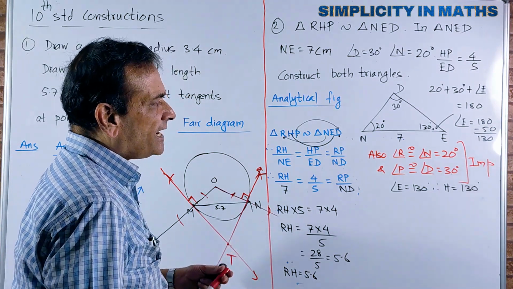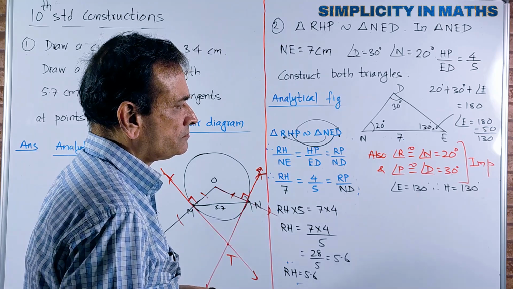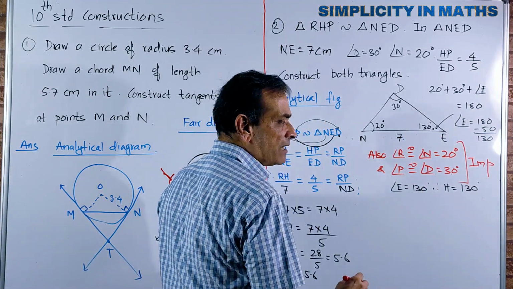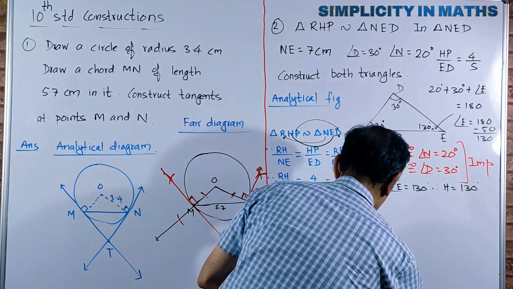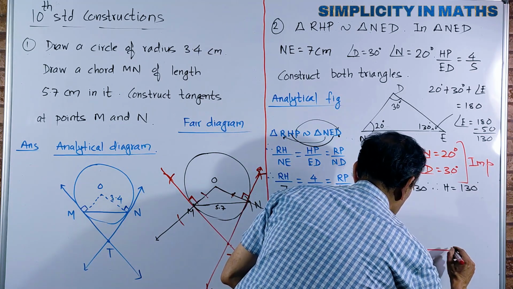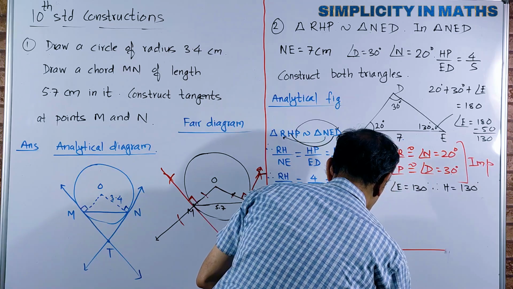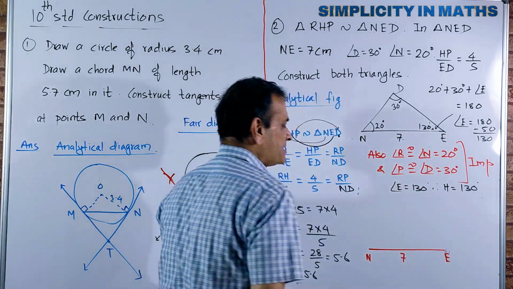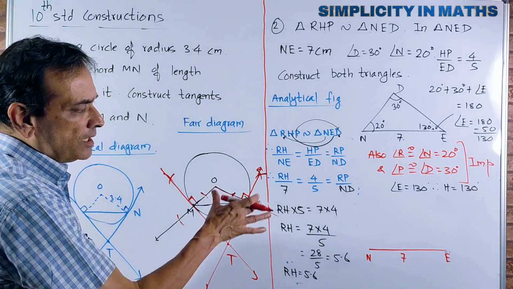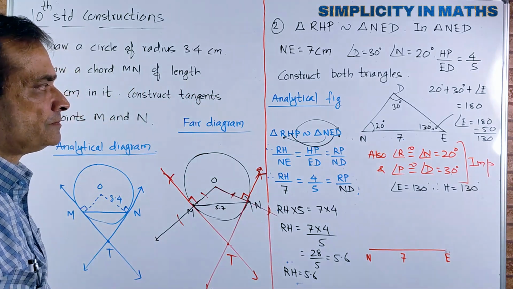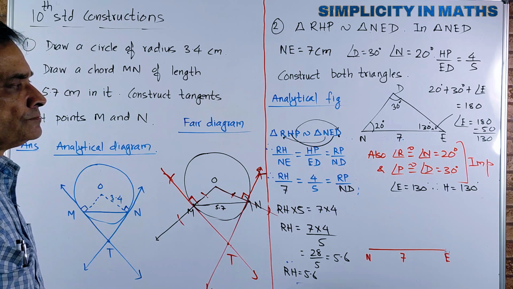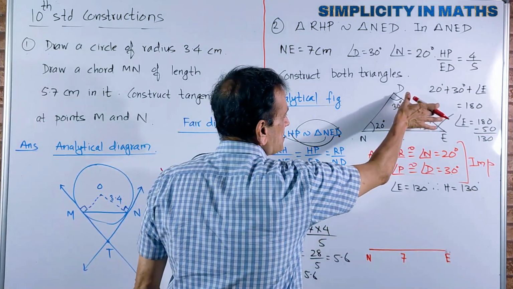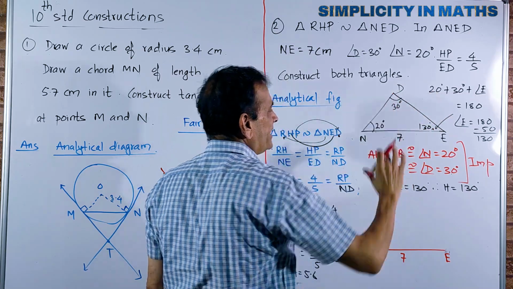So while drawing the fair diagram now, NE I have taken as the base. Seven centimeters. Actual fair diagram measure exactly 7. We do not know the length of D and the length of ND.